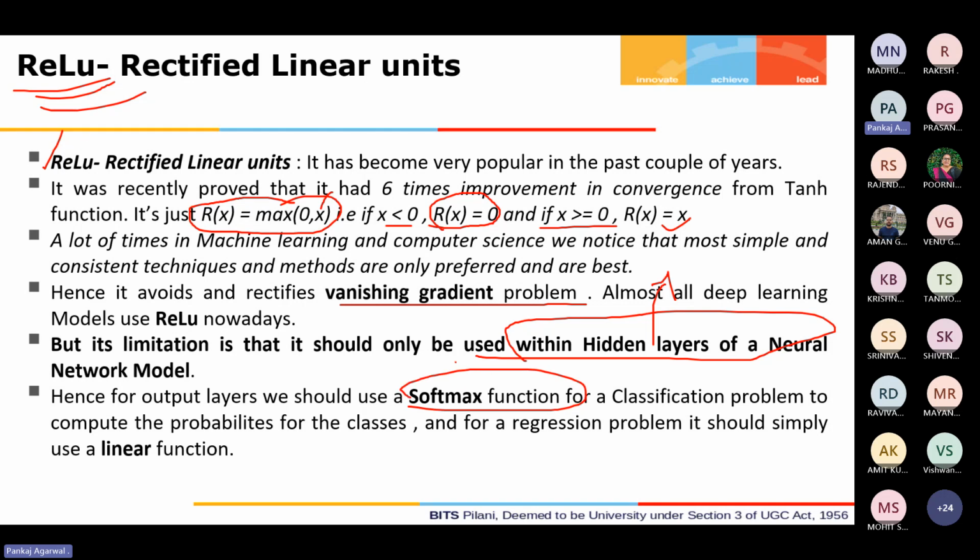We normally use softmax functions, which I'll explain in the next slide. So always remember that whenever you see hidden layers, you would be using the ReLU activation function most of the time, because it is mathematically able to handle the vanishing gradient problem. We would talk about this with the gradient descent algorithm maybe.